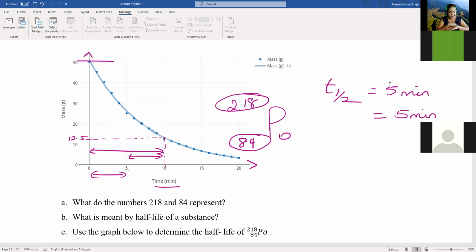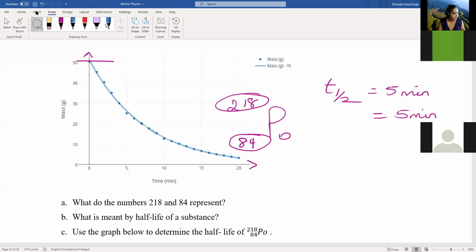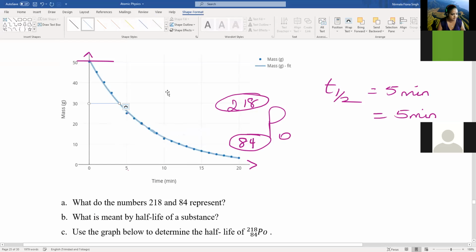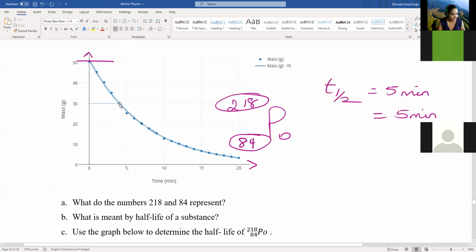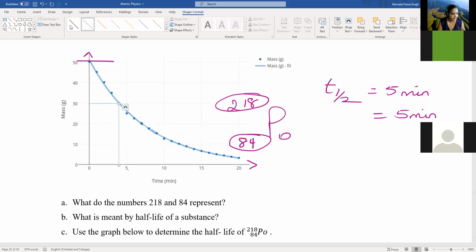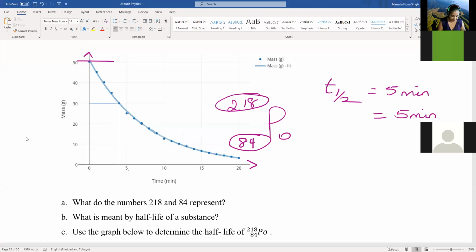If you want to take half-life anywhere on the graph, let's not use the pen, let's use some lines. Suppose I want to use my time from 30. First we find out where 30 is on the graph. That's going to be your first point.